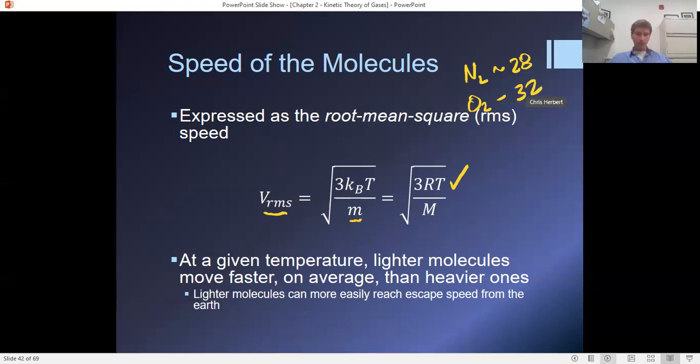Roughly, the molecular mass of air is around 28, 29 if we average everything out. But helium's atomic mass is 4. So that m down here is much, much smaller, which is going to make the root mean squared velocity higher for a given temperature.